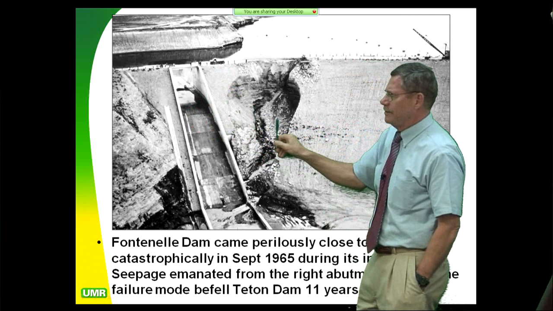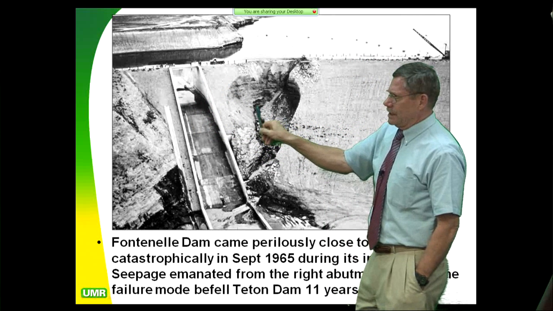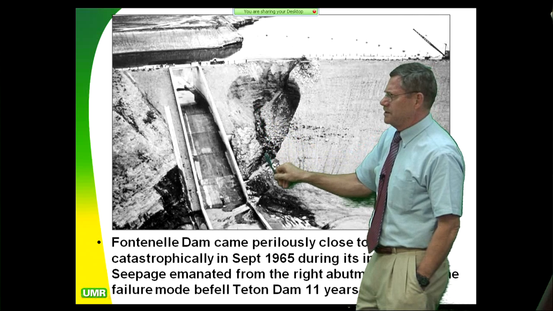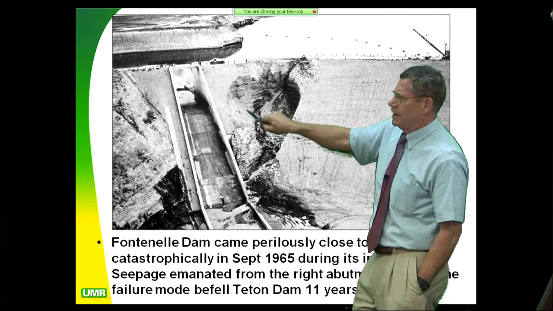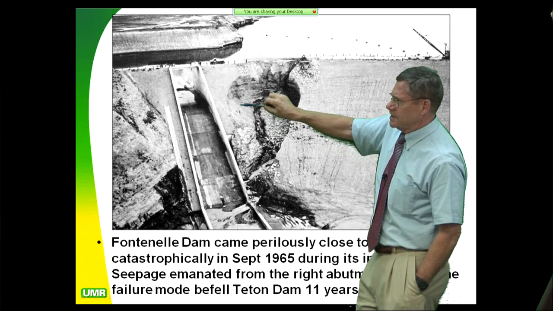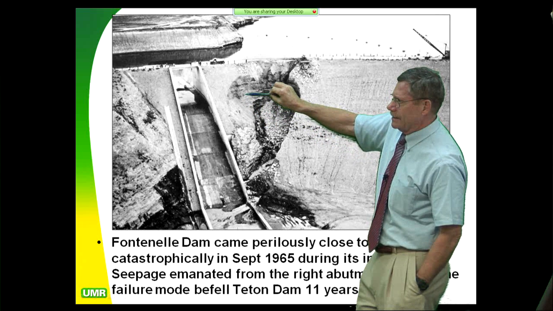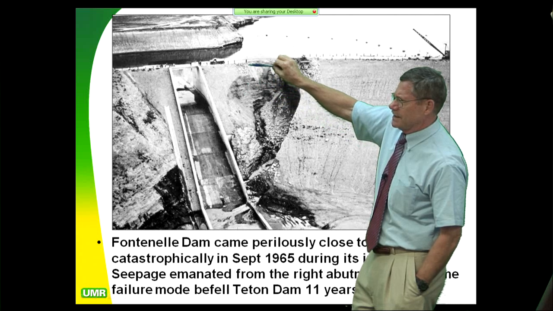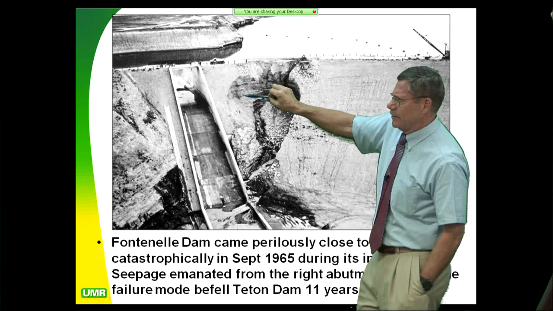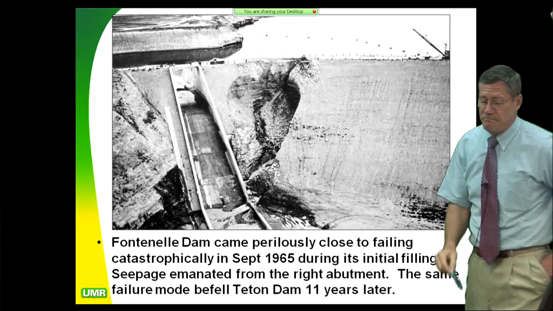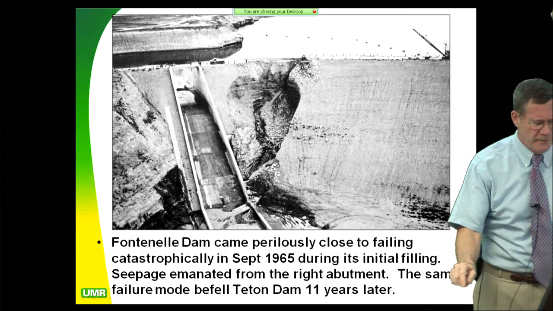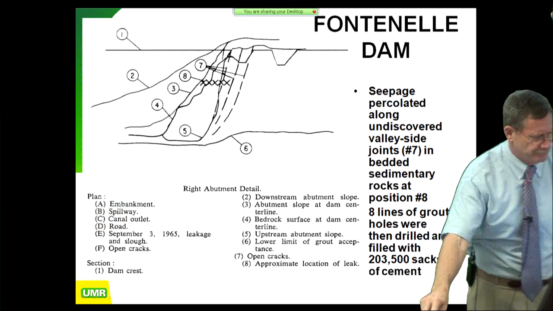This is the right abutment, and there's your leak coming right out of these valley side joints in the right abutment of the dam. In this case, that was the lake level right there. The lake didn't fill as fast as Teton had filled, so they were able to save it just barely. They just barely saved it. And then those guys retired.